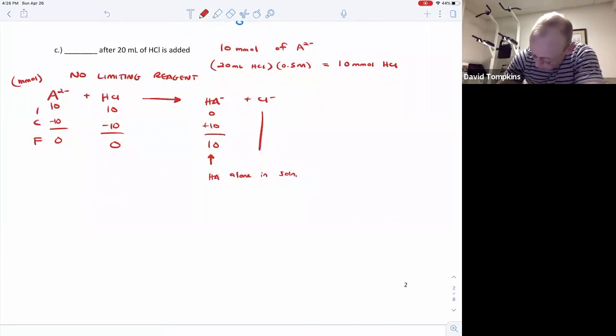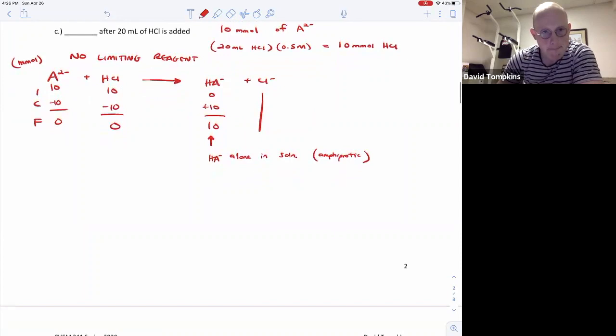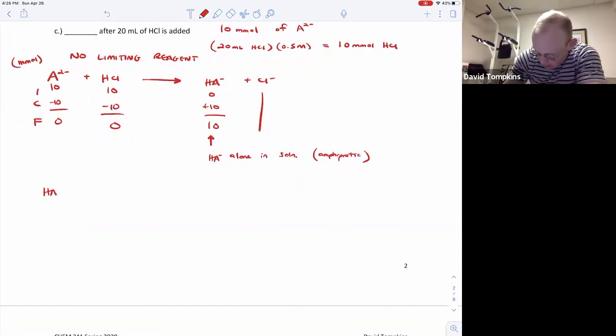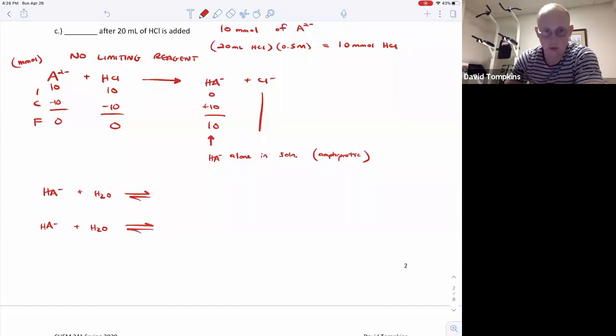So you should recall that that is amphiprotic. And an amphiprotic species is both acidic and basic, which means it's going to react with water. It's alone in water, and it's going to do two separate reactions. They're both equilibrium reactions because it's a weak acid and a weak base with water. One of them will be a Ka, specifically Ka2, which was 10 to the negative 9.